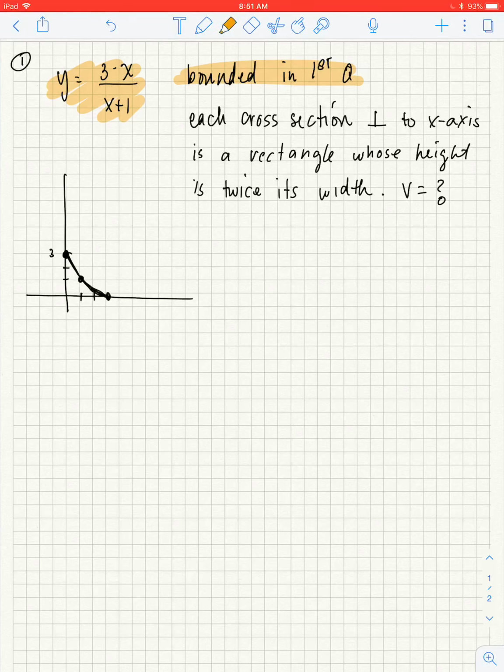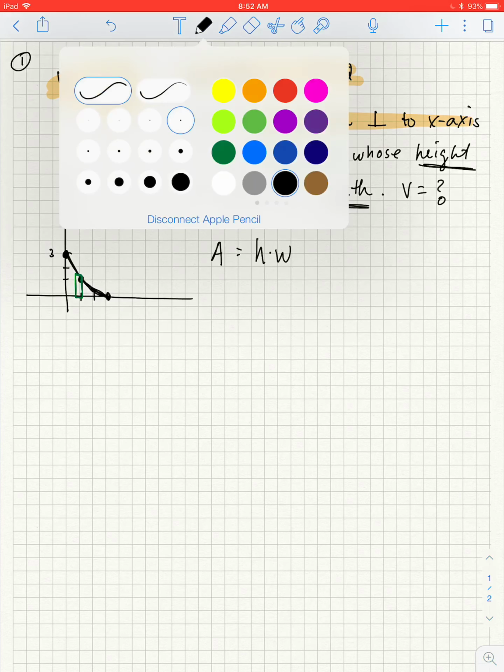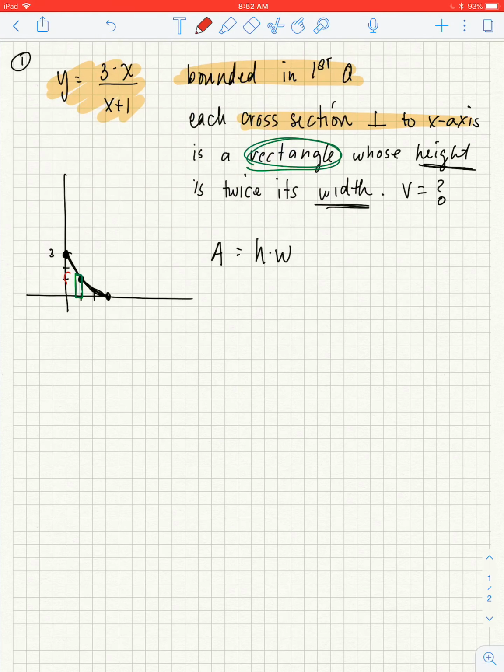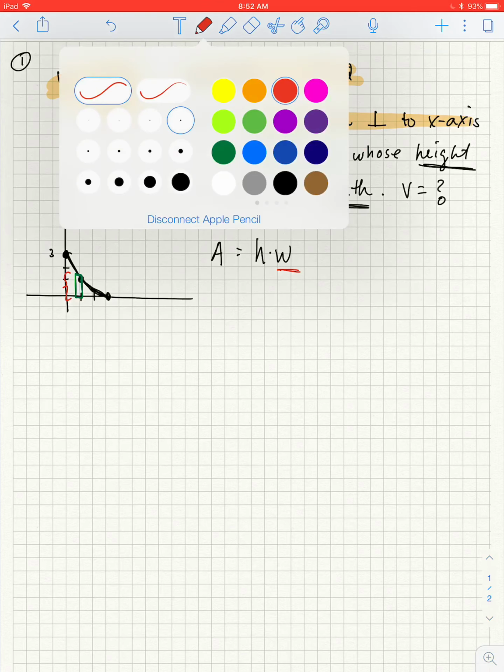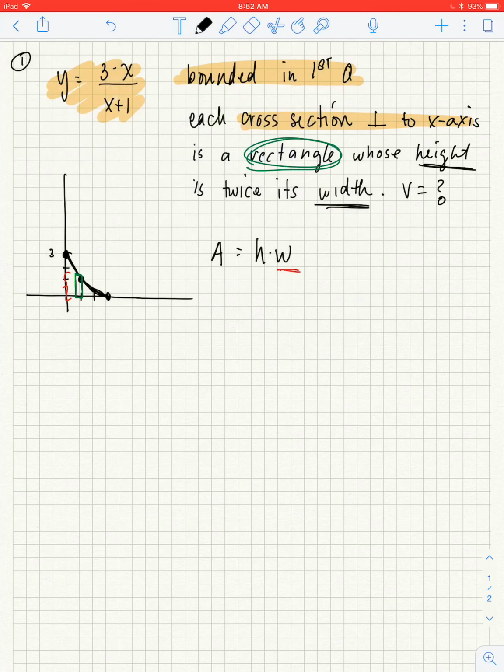So let me write this as area. So in this situation, if this right here is our base, or you could say our width, what's the distance of that from the top of the rectangle to the bottom of the rectangle? That would wind up being the height times the function ourselves.